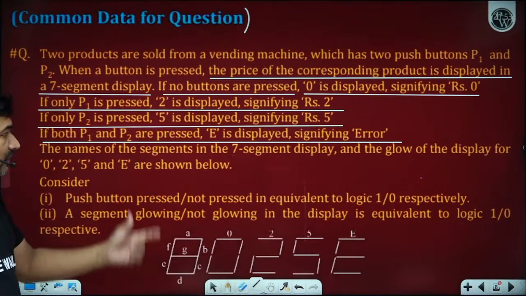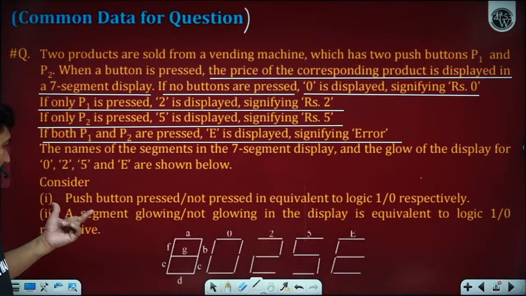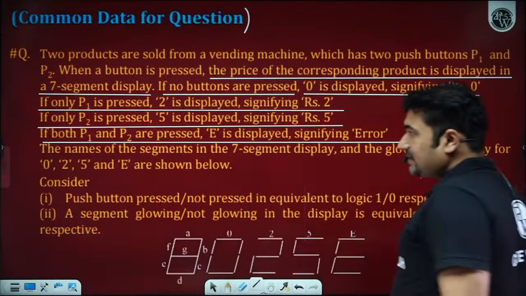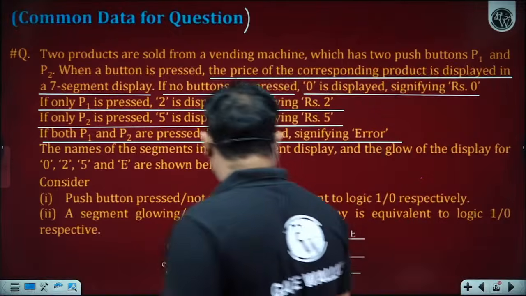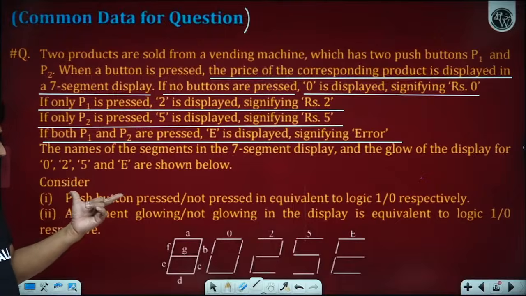The names of the segments in the 7-segment display and the glow of the segments for 0, 2, 5 and E are shown below.